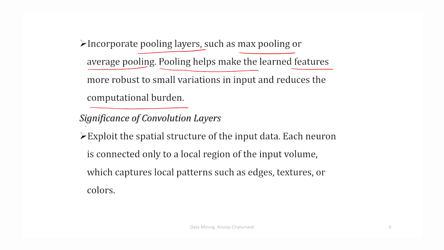Now, the significance of convolution layers is that the convolution layers exploit the spatial structure of the input data, and then each neuron is connected only to a local region of the input volume.